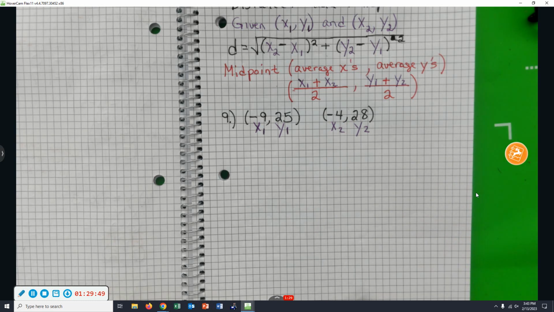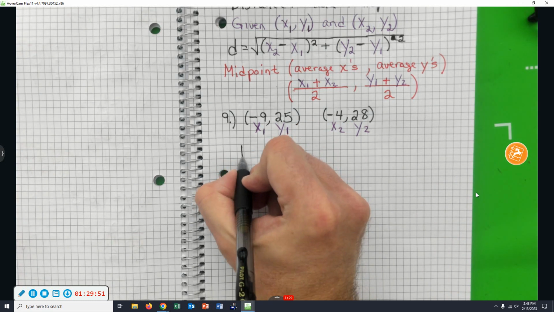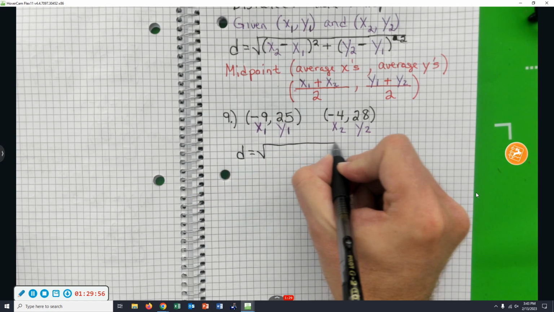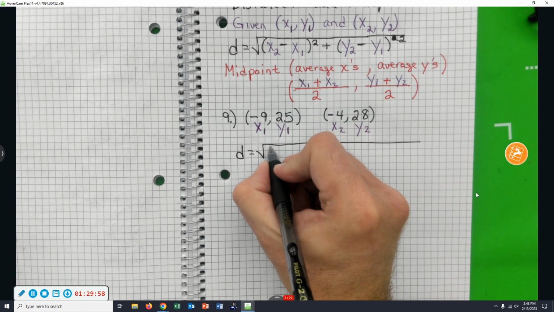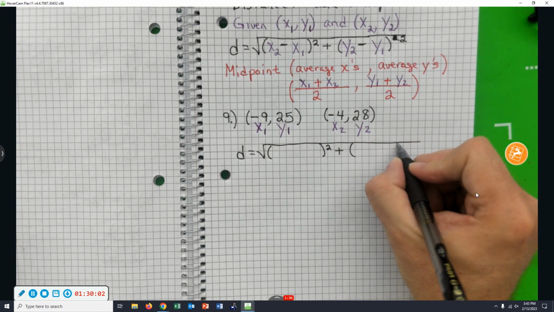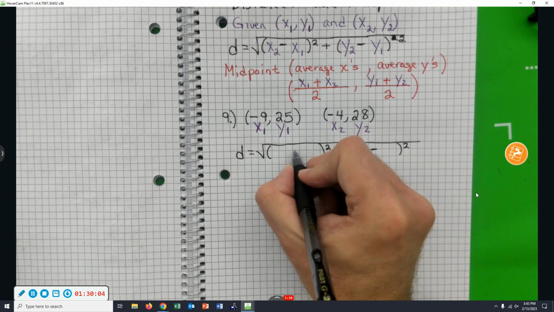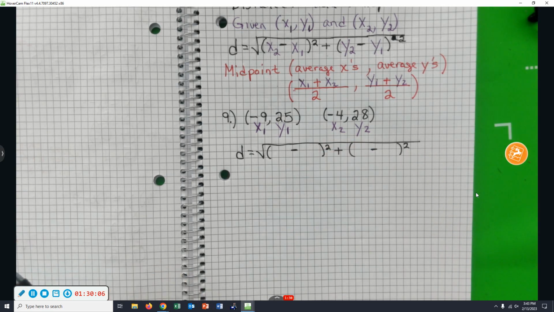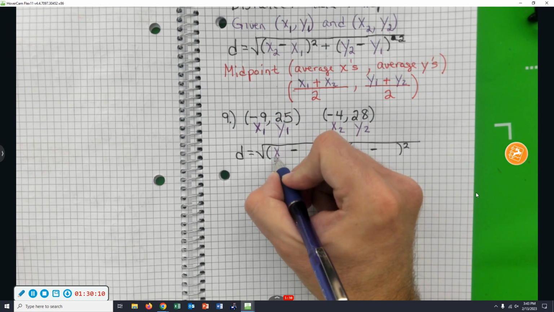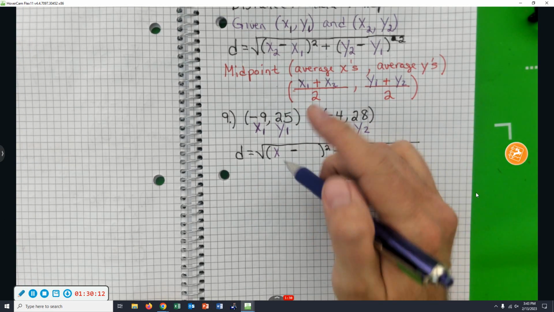Now to find the distance, I think I'm just going to recopy the distance formula. You might say, well, why are you restating it when it's right there?